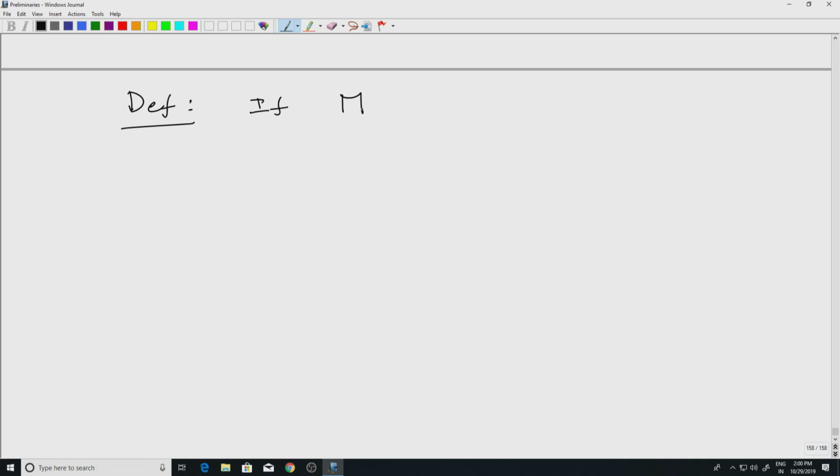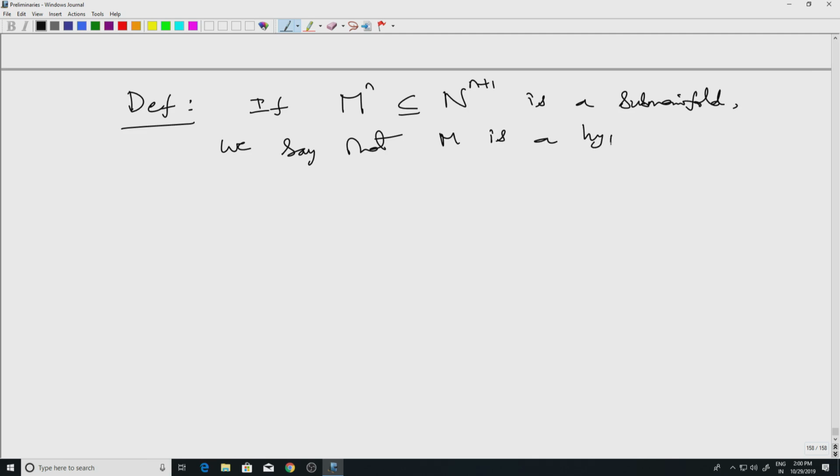If M^n contained in R^(n+1) is a submanifold, we say that M is a hypersurface of R^(n+1).